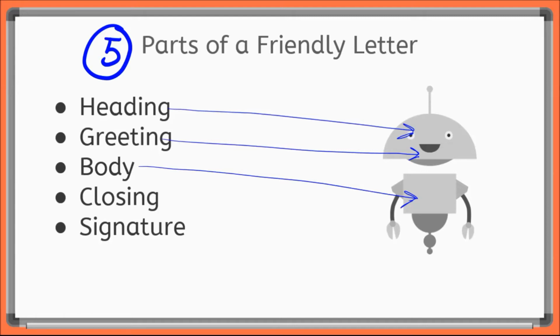Right after the body, you will find the closing and the signature at last. You will find them at the bottom of your robot and at the end of your letter. The closing is a polite way to end your letter. And the signature is your name.